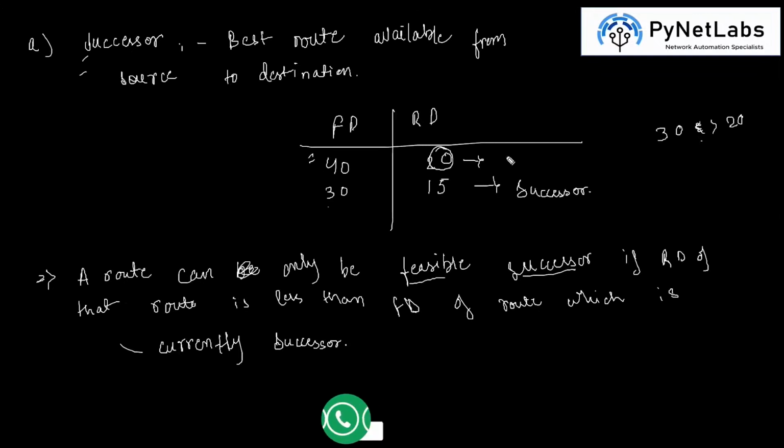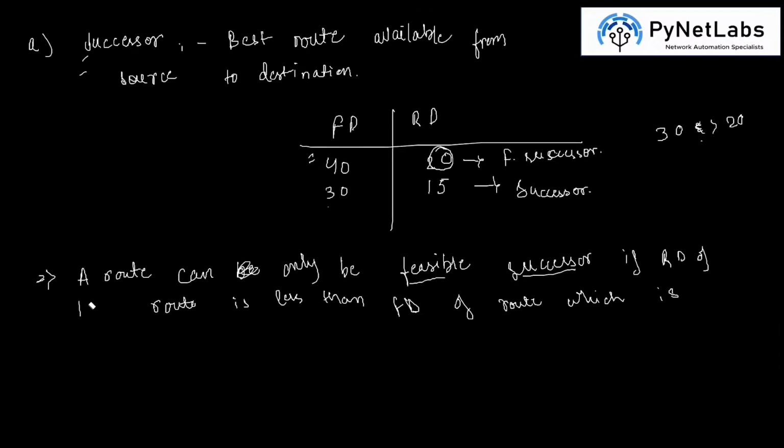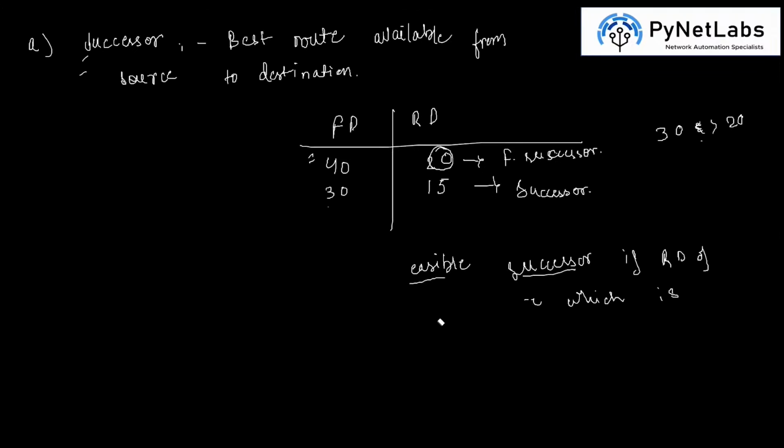So yes, it meets the condition and can be considered as feasible successor. You guys understand? Great. So this was something about the terminology, which is DUAL, on the basis of which EIGRP works.